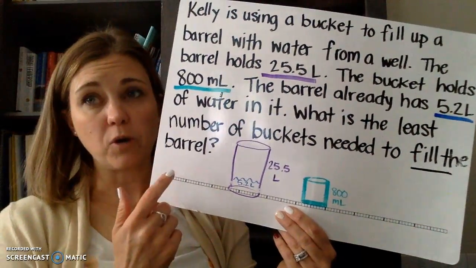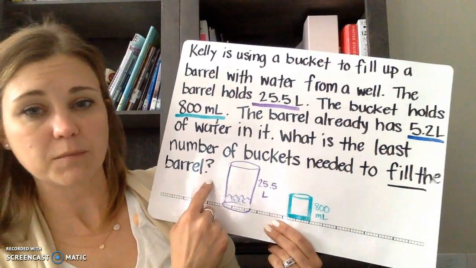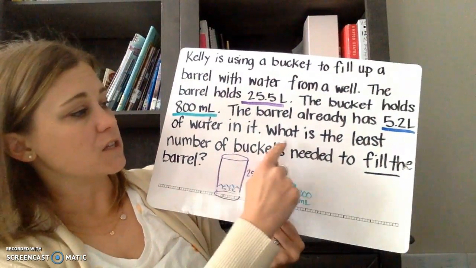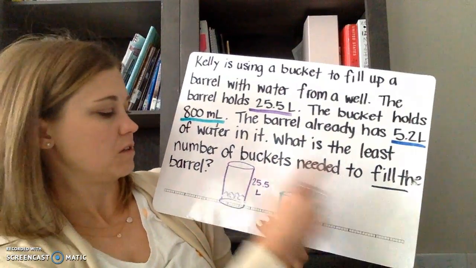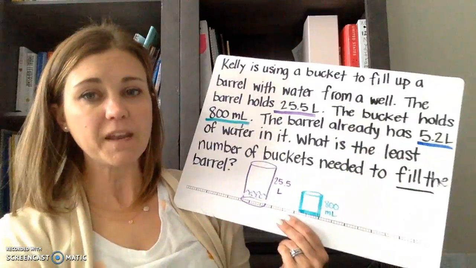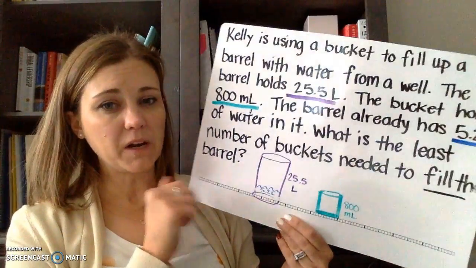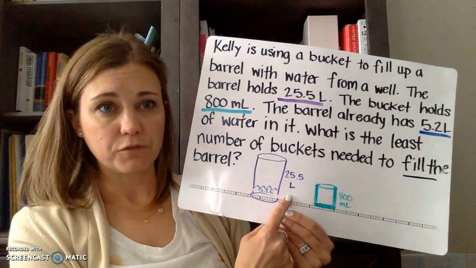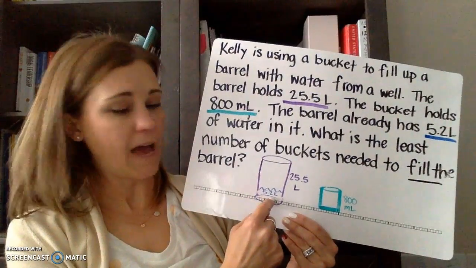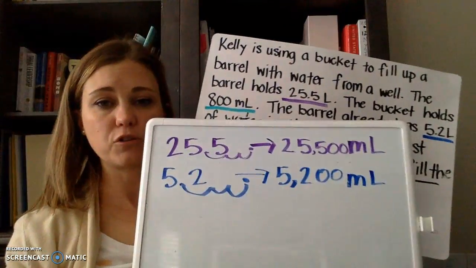In this story problem, I know that it's my last sentence because it asks the question. It's asked me what I need to know. It says, what is the least number of buckets needed to fill the barrel? Now, I know that if I just figured out how many buckets went into this barrel, I would actually overflow my barrel because it already has 5.2 liters or 5,200 milliliters.